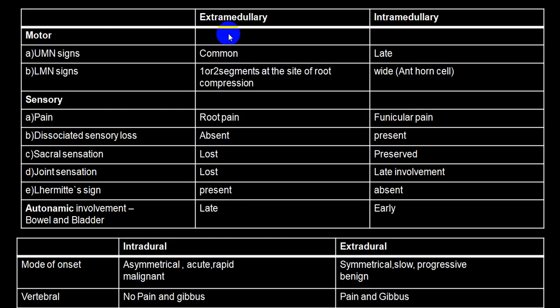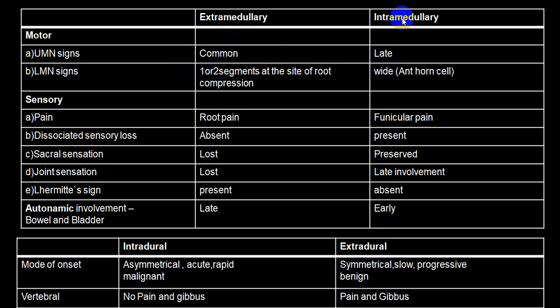We have already mentioned that in extramedullary lesions, upper motor neuron signs will be more common because of involvement of the corticospinal tract, while in intramedullary lesions it is usually late. Lower motor neuron findings will be mainly in one or two segments at the site of root compression in extramedullary lesions, while in intramedullary lesions there is involvement of the anterior horn cells, and it will be a slightly bigger area of involvement.